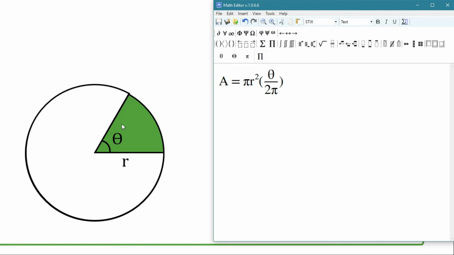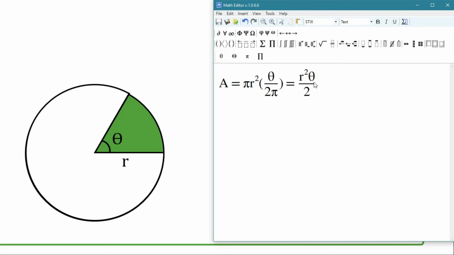So for us to get the area of a certain sector, by simply multiplying this one, we can remove pi here because pi over pi is 1, and then we multiply both sides, or we multiply r squared by theta over 2, and that yields r squared theta over 2.